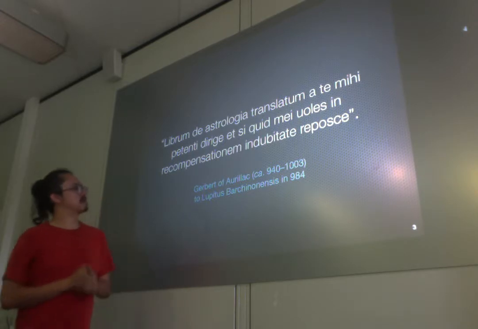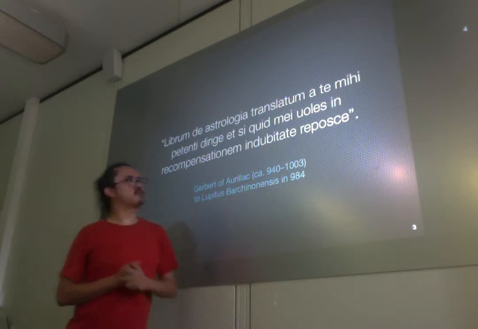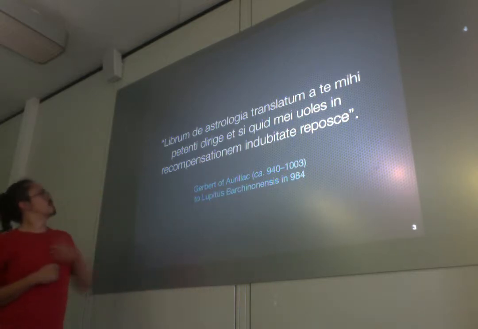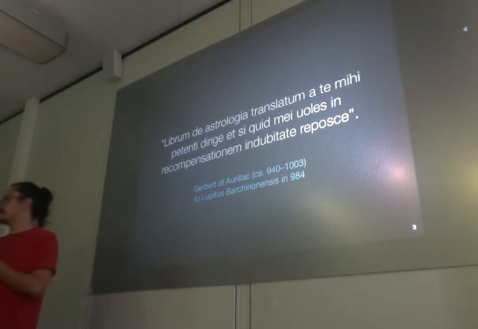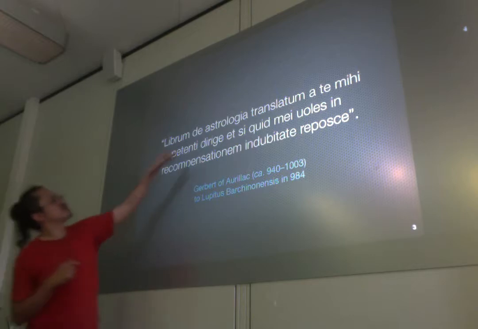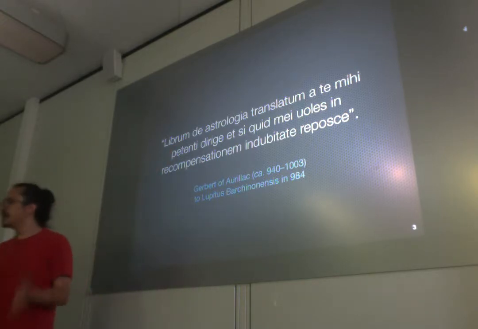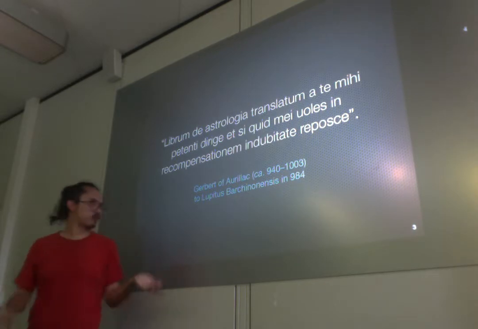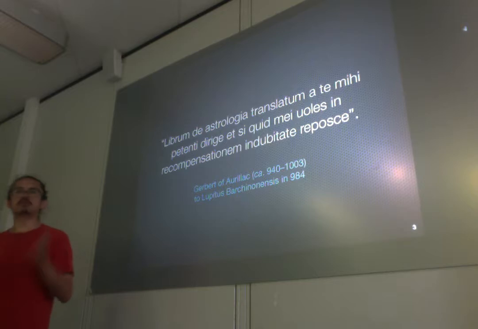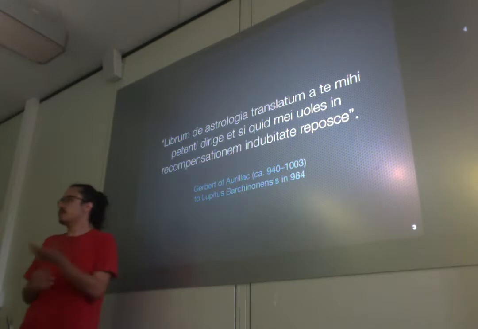So Gerard, in 984, wrote to this Lupitus of Barcelona, asking him for his translation of the Librum de Astrologia. So we have some examples of early translations, and as I will point out for later discussion at the end, this is quite an important topic.